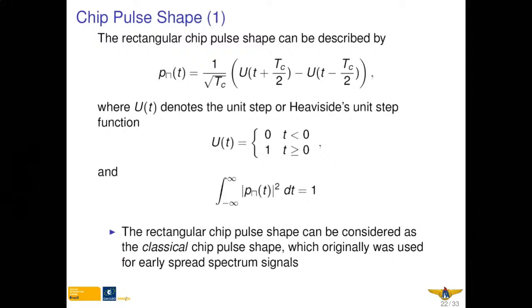Also, many signals of GNSS, for example, the GPS C/A code, the L5 signals of GPS, the E5a and E5b signals of Galileo, and many signals of BeiDou use rectangular chip pulse shapes. And we get a binary phase shift keying signal.